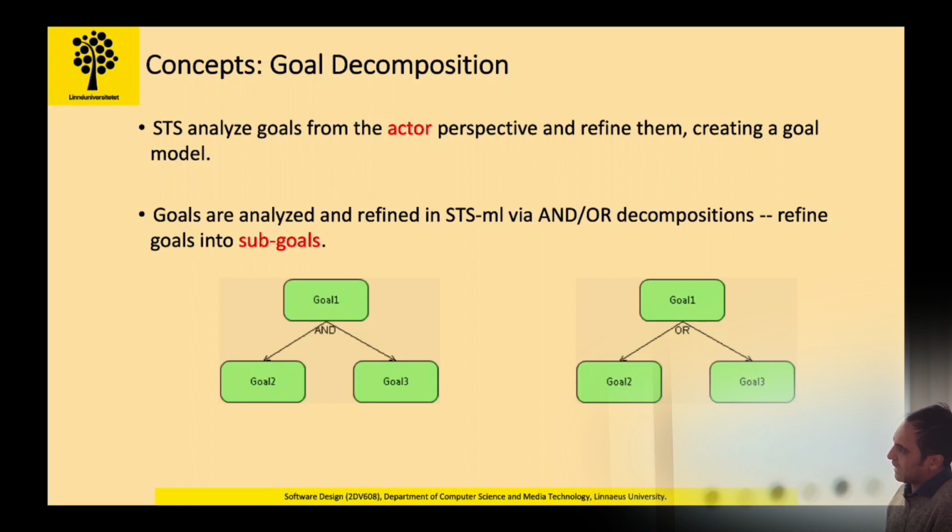And then there is also OR decomposition. If you want to achieve goal 1, this can be done either by achieving goal 2 or by achieving goal 3. So for example, about this lecture, some people are following the lecture online and some people are in the class. In any case, both of your goals are fulfilled.